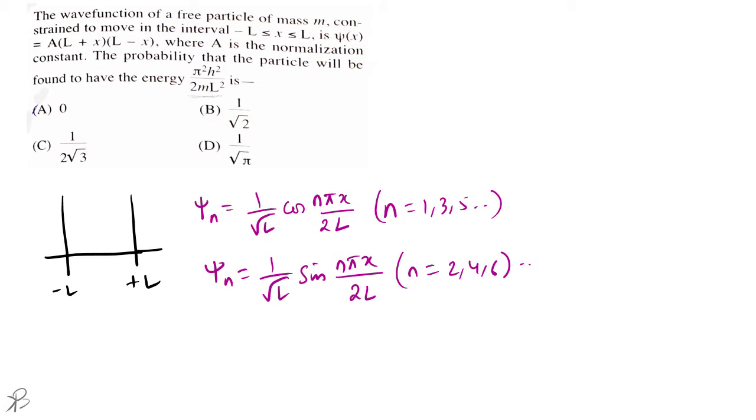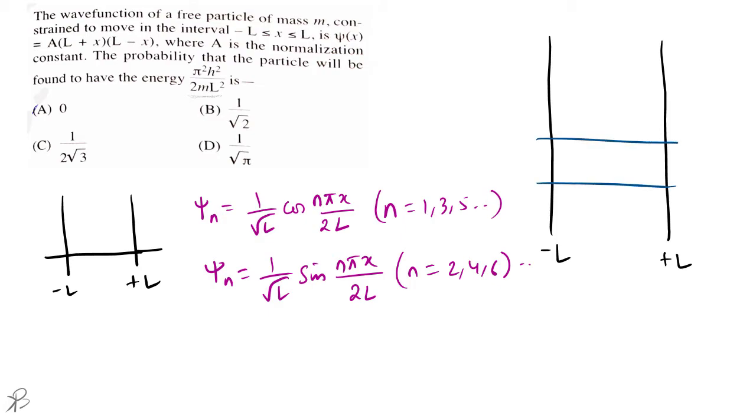If you want, you can also represent the energy levels in this fashion. So this is minus L, this is plus L, and let's say I have these levels. This is for E1, this is for E2, this is for E3 and this is for E4. So how does it look? E1 will look like this. E2 will look like this.